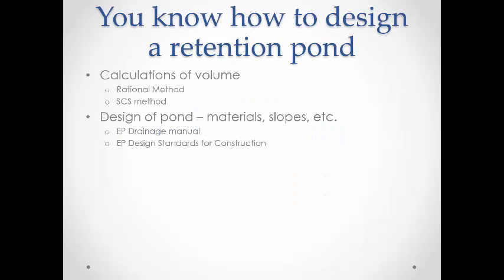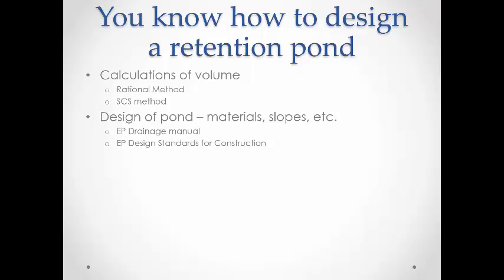So in case you didn't know, you know how to design a retention pond, and basically it is by calculating the volume that we have done, either using the rational method or the SCS method or the CN curve method.